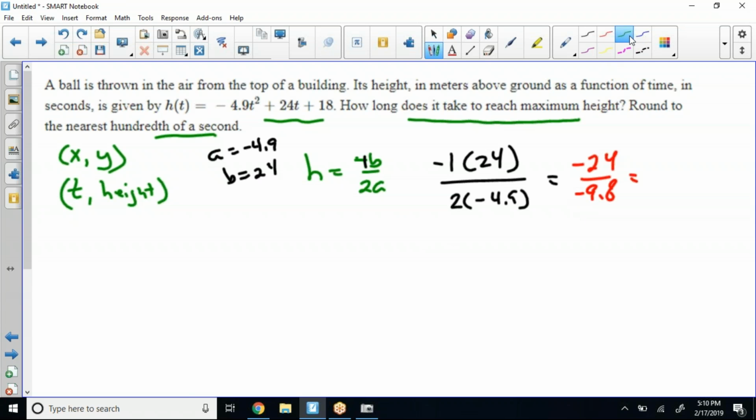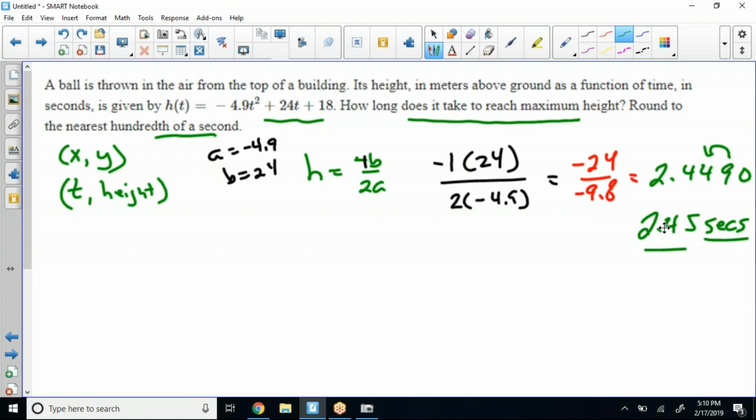When I divide those, that's 24 divided by 9.8. A negative divided by a negative is positive, so that comes out to 2.4490, and we have 2.45 seconds, right? There you go. Done.